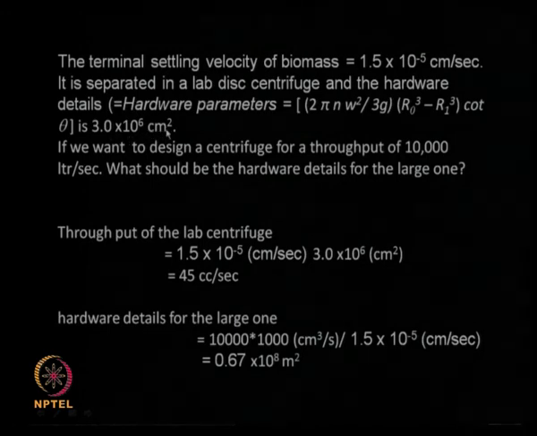So you have used a lab scale disc centrifuge and you have separated some solids whose terminal settling velocity is given. Now I want to design a very large scale setup to achieve a throughput of 10,000 liters per second. What should be the hardware details for the large one?